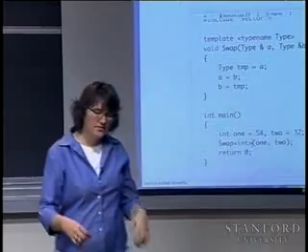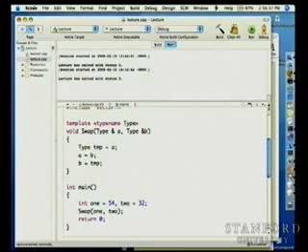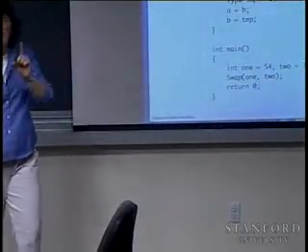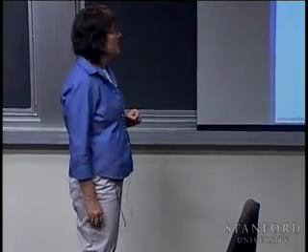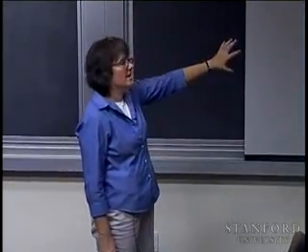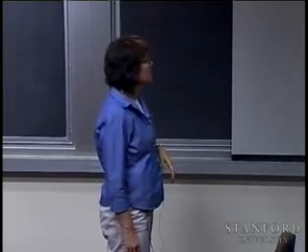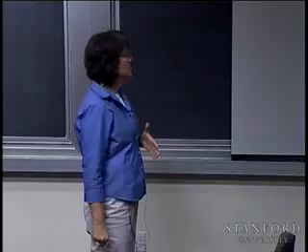In the case of functions, it's a little bit easier for the compiler to know what you intended. On the basis of my arguments, since I called swap passing two integers, it knows there's only one possibility for what version of swap you were interested in. It must be the one where type has been filled in with int, and that's the one to generate for you. So you can use that long form of saying swap angle bracket int, but typically you will not.